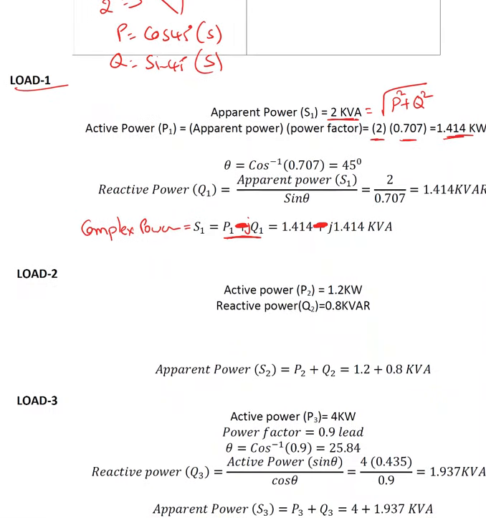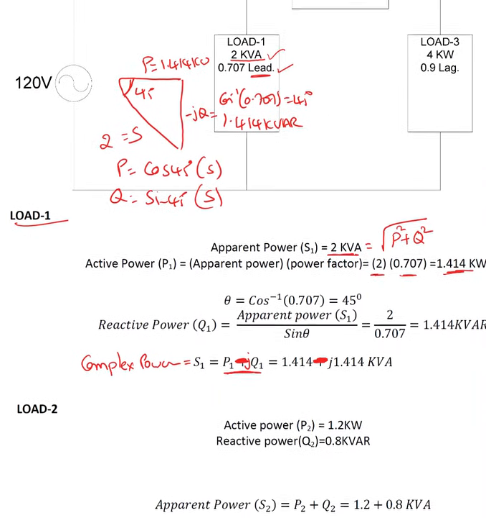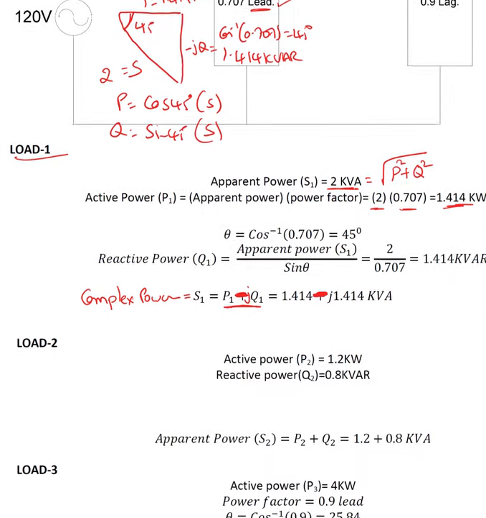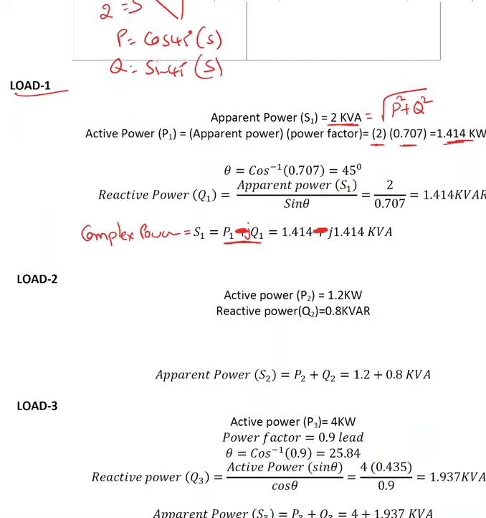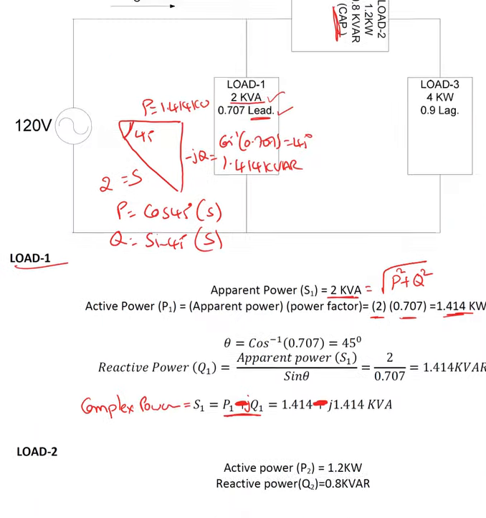Okay, now load 2. Active power is 1.2 kilowatt, and he clearly mentioned it's a capacitive load. Capacitive means negative Q, so the complex power must be P minus jQ: 1.2 minus j0.8 kVAR.